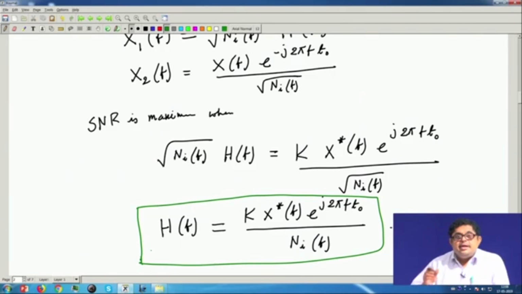This is that filter, because I know what signal I transmitted, so I can find X*(f). If I know the delay, I can find the phase term, and if I know the power spectral density of the noise input to the matched filter, N_i(f), then only k has to be chosen.